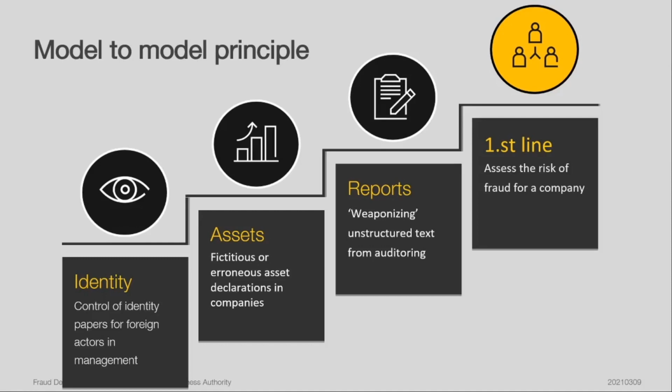So one such case would be, we have a model looking into the identification papers of management from foreign actors, part of Danish companies. We have a model that looks into more like the economic foundation of a company, where they state some assets that may be erroneous or fictitious.